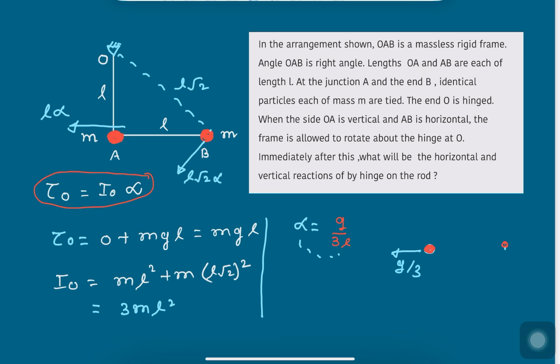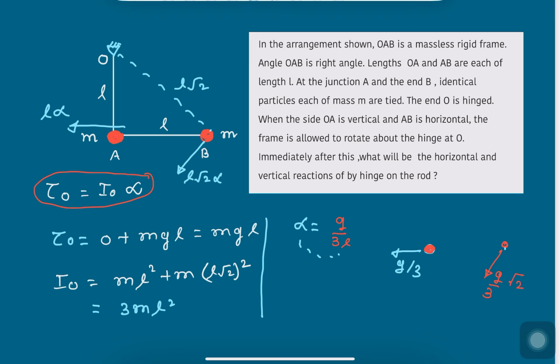And this particle at B, as I have explained, will have acceleration L root 2 alpha. L alpha is g by 3, so this particle will have acceleration in this direction, g by 3 root 2.